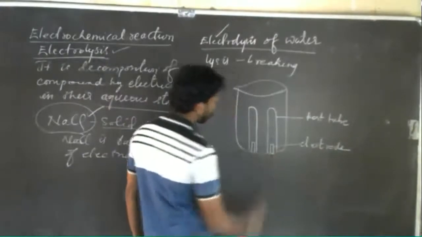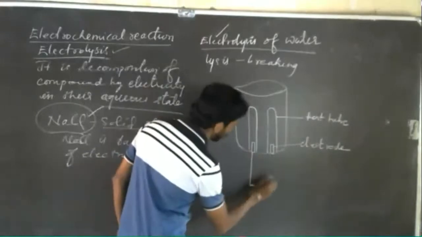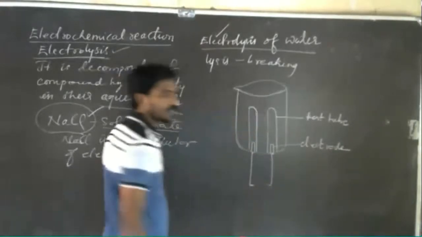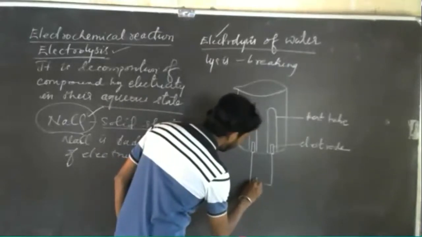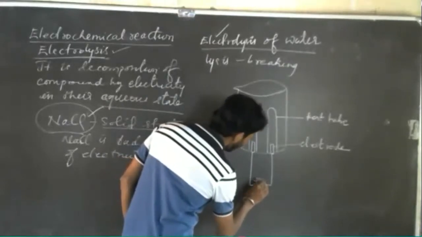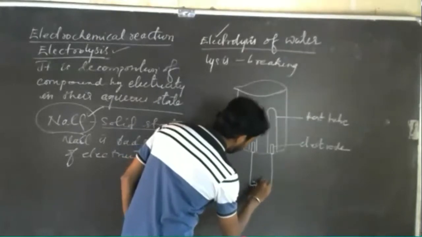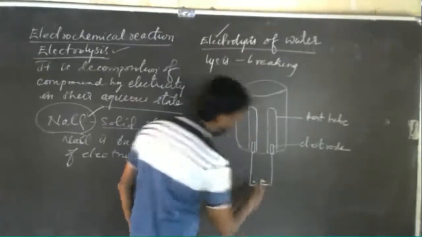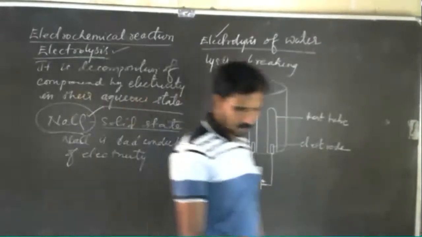See, one of the electrodes is connected to the negative terminal. One is connected to the positive terminal. Here, plus and minus. Not a cell, they have given a 6 volt battery.